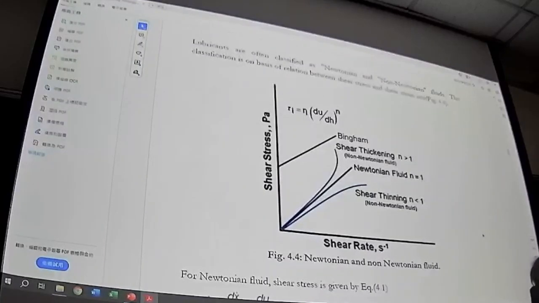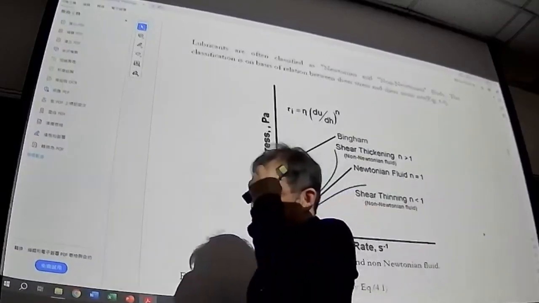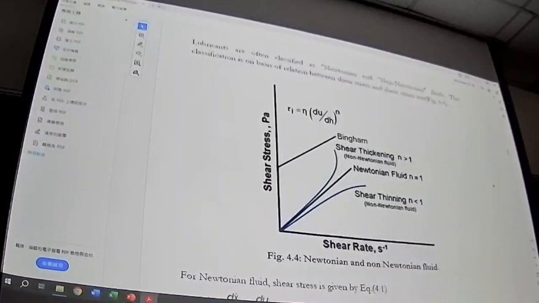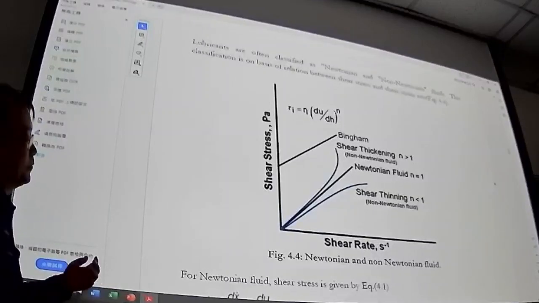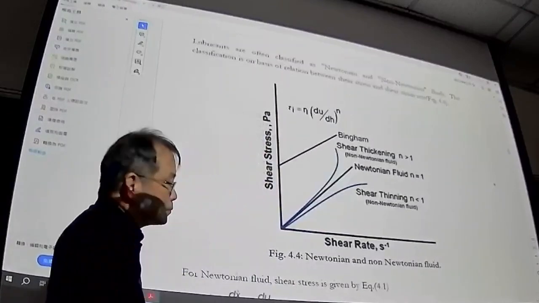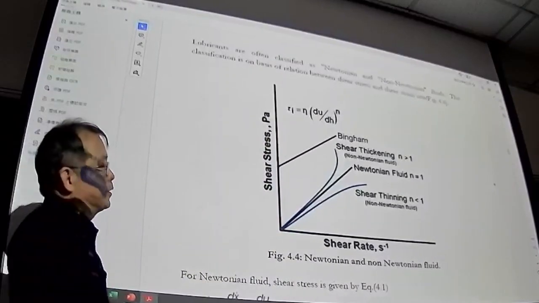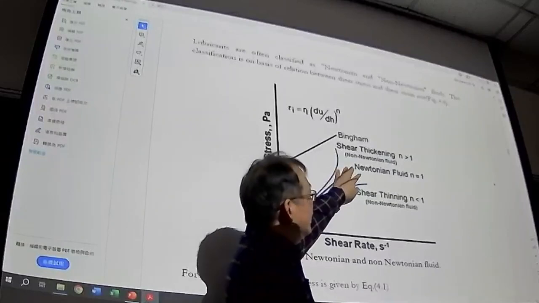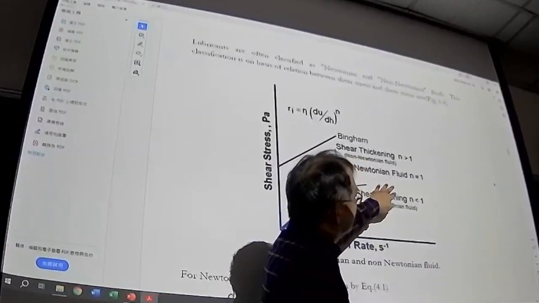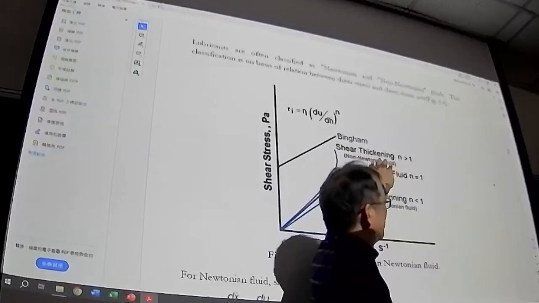So this is the formula you can use to classify the Newtonian fluid or non-Newtonian fluid. You have two different cases for the exponent n, either greater than one or smaller than one.